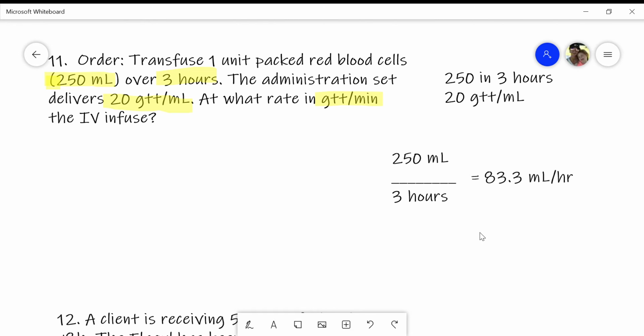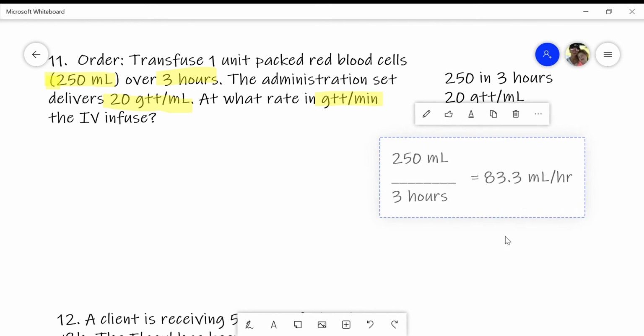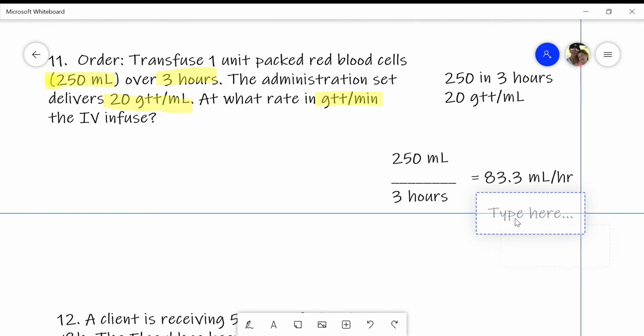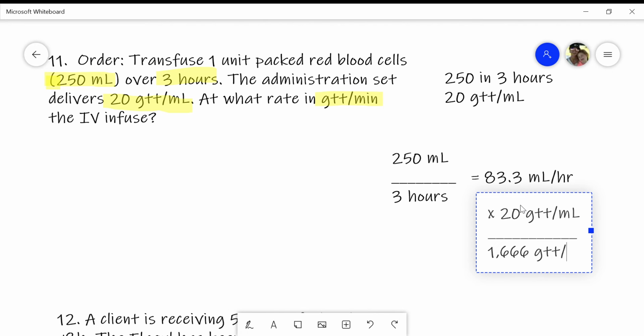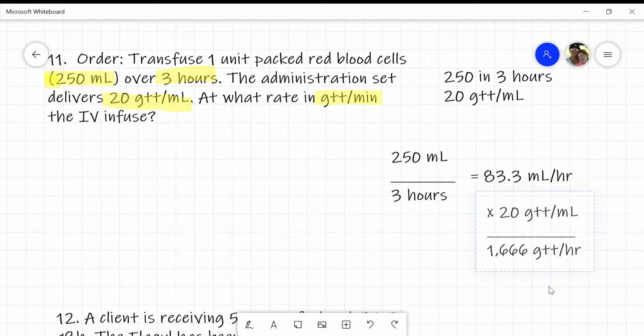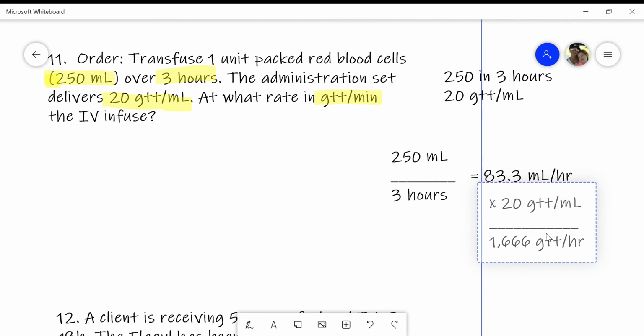Once we have the milliliters an hour, we know it's going to be 20 GTT a milliliter. So we're going to multiply that 83.3 by 20 GTT a milliliter, and that's going to give us 1,666 GTTs an hour. So in 1 hour, you're going to have 1,666 drops.